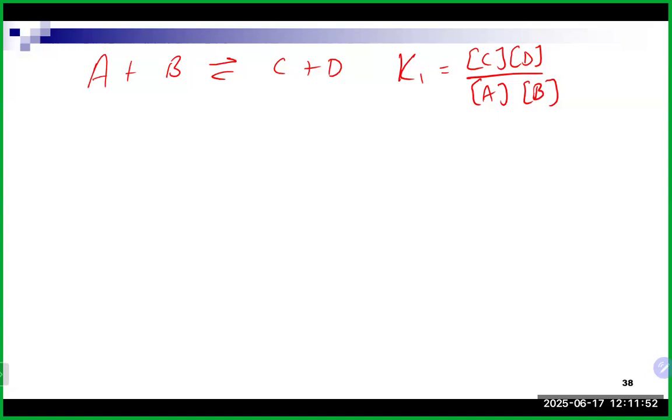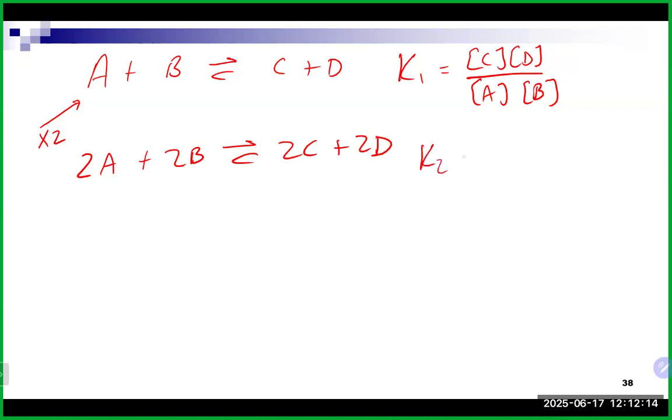What that would require us to do is multiply that entire equation, not just A, but everybody there, by 2. And that would get us 2A plus 2B goes to 2C plus 2D. If I write the equilibrium expression for my new reaction here, that is C squared D squared divided by A squared and B squared.